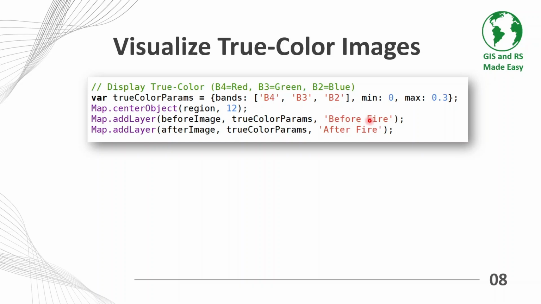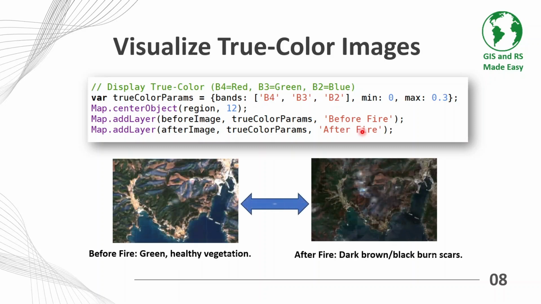We have written before fire, and for the after fire we have written after fire. The name is the layer name that we can easily identify. Then we will see those two images, before image and after image. The before fire image should be green healthy vegetation, and the after fire image should look like dark brown or black burn scars like this.